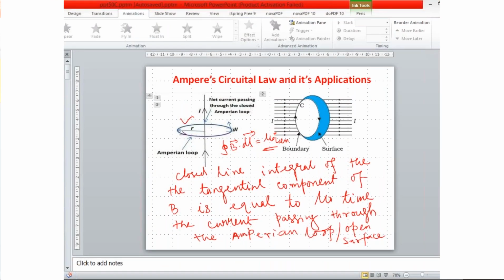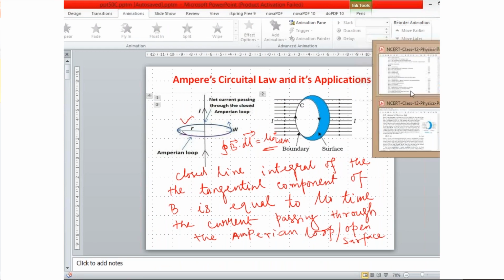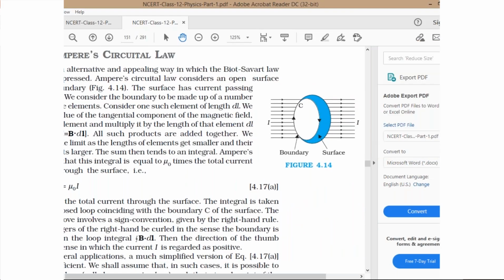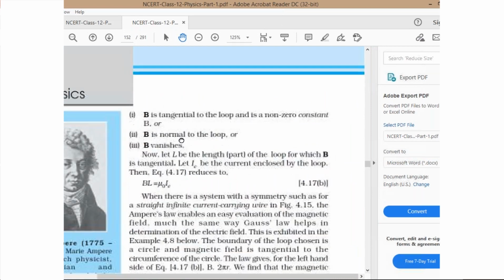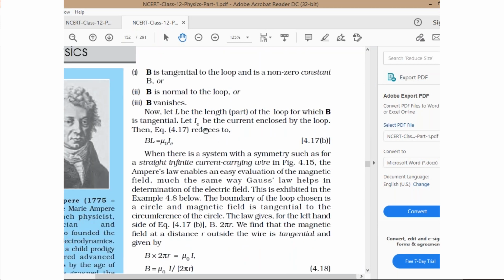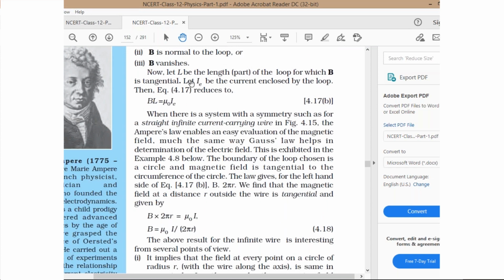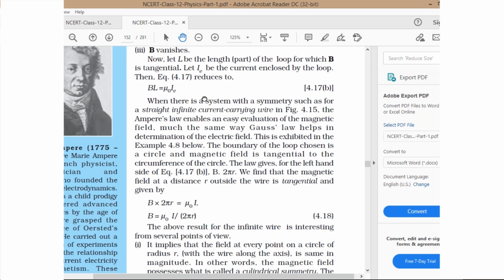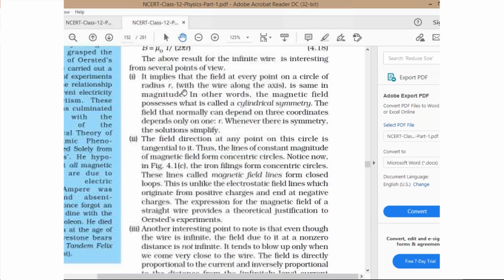Now we'll see a few characteristics of this Ampere circuital law, which are written in the book. I have already told some of them, but still see here: you have to take the tangential component of the magnetic field, which is non-zero and constant. There is no normal component, so B vanishes.